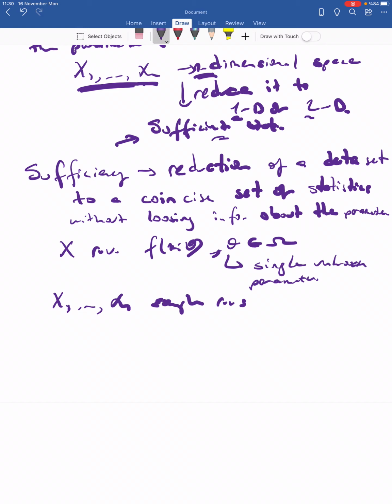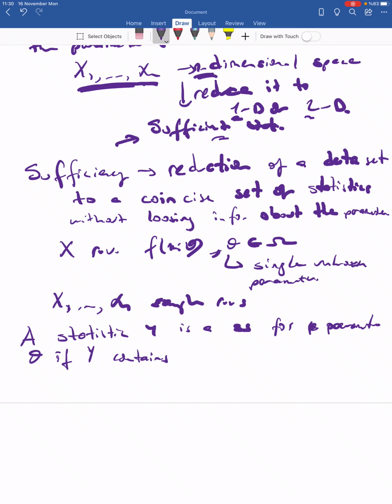Then consider a statistic y. y is a sufficient statistic for a parameter theta if y contains all the information available in the data about the value of theta.